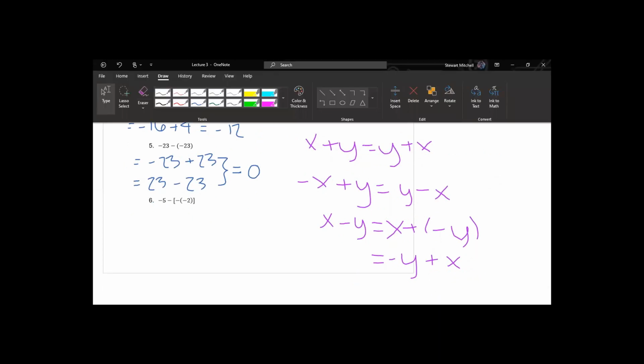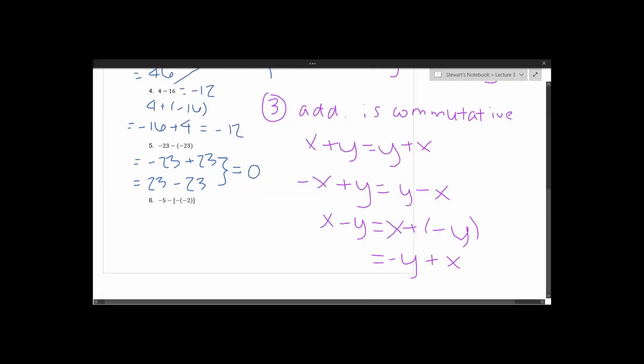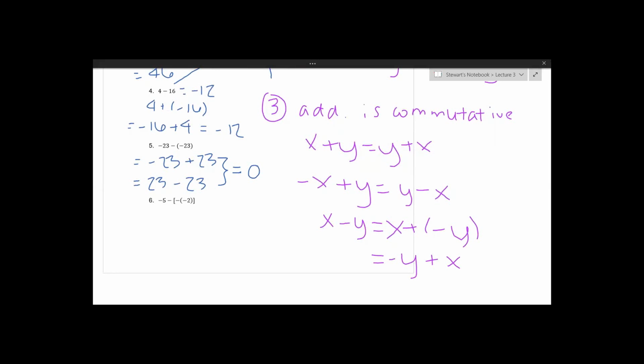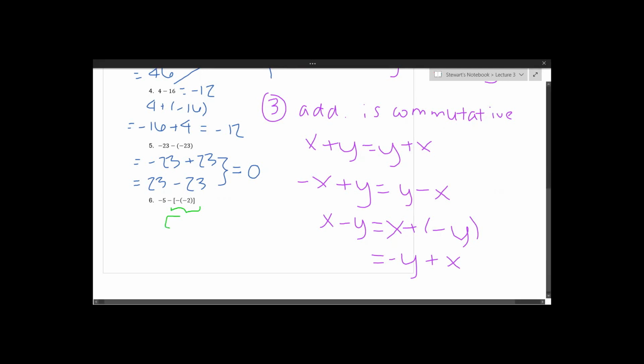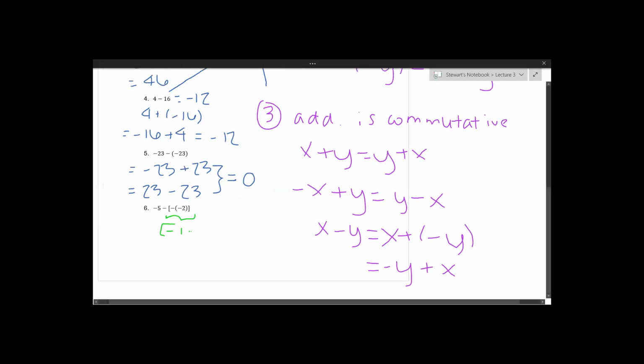In this one, we're going to have to apply some order of operations as well, because as much as it doesn't look like it, if you expanded this, it's like saying in brackets, negative 1 times negative 2. So we have to think about order of operations first. In this case, multiplication comes first anyway.